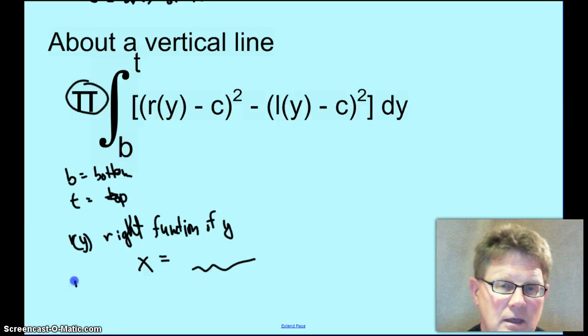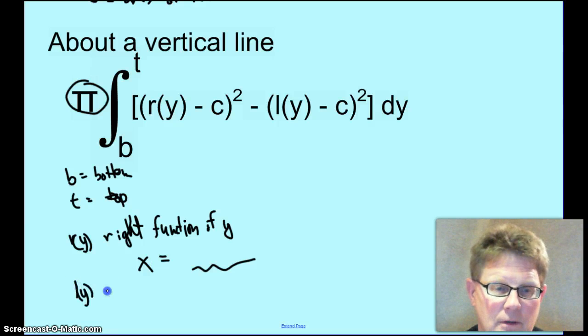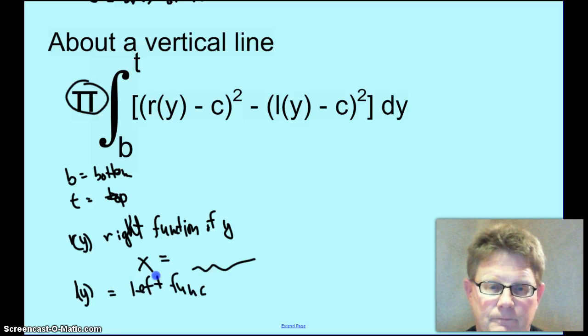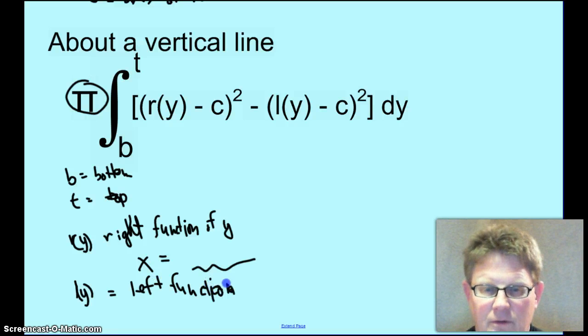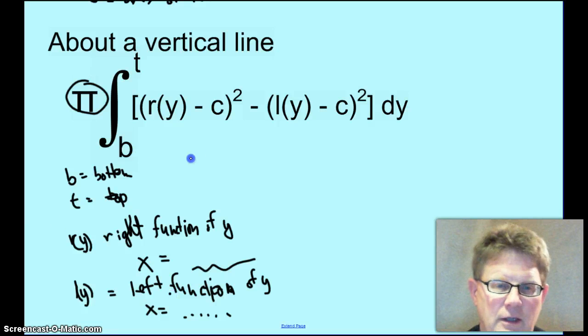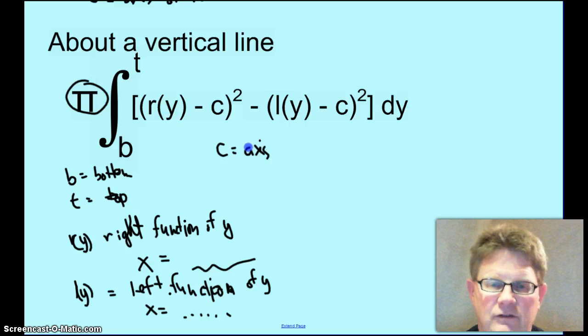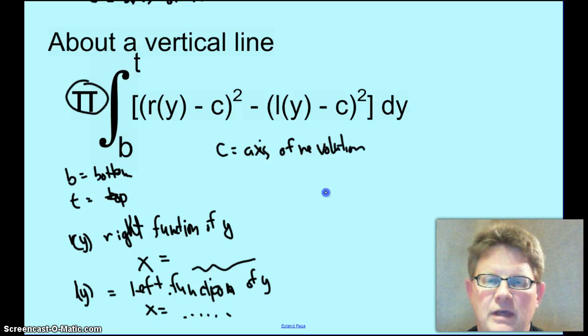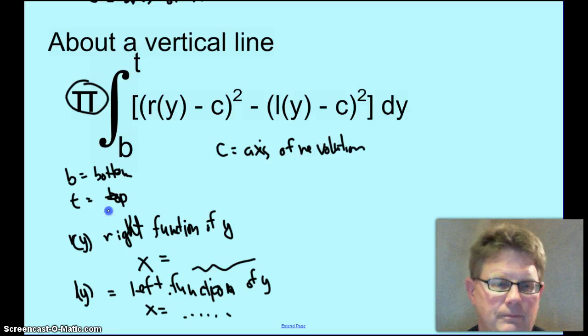And then L of y is the left function of y. Again, that's going to be some equation, x equals some function of y. And of course, C is the axis of revolution, and that will be a vertical line, x equals something.